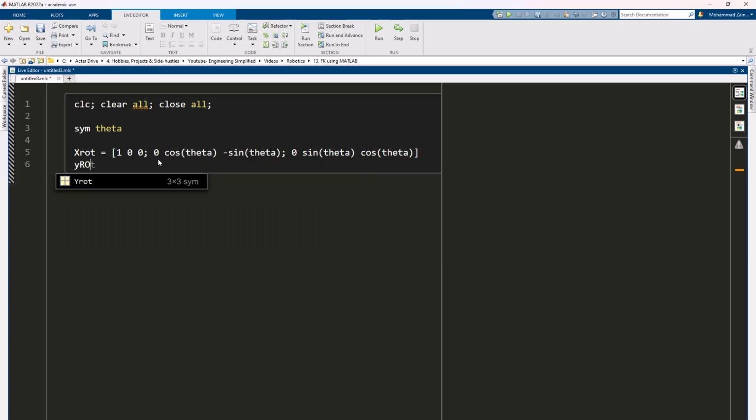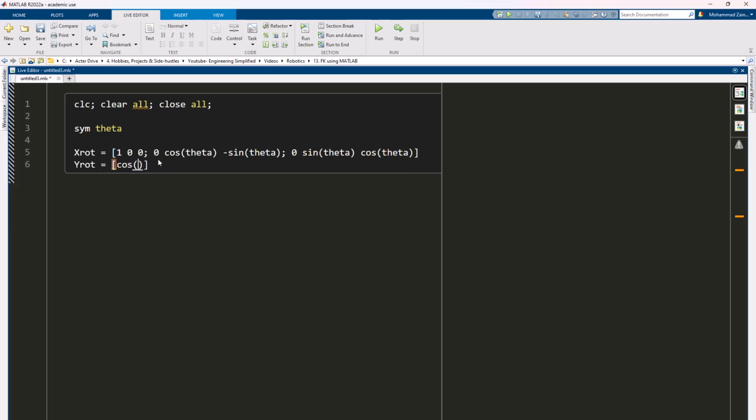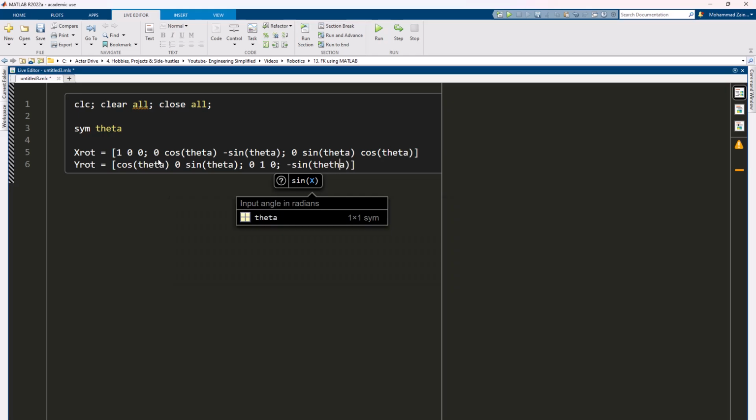And now y rotation. Y rotation is again a 3 cross 3 matrix which has a cosine of theta, then a 0, then a sine of theta. In the next row there is a 0 1 0, and then there is a minus sine of theta, a 0, and then a cosine of theta.